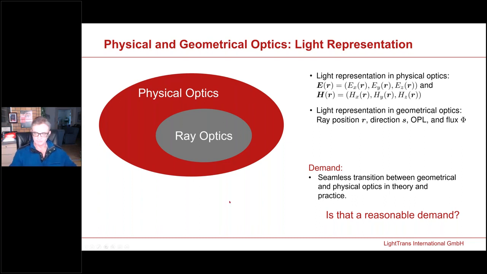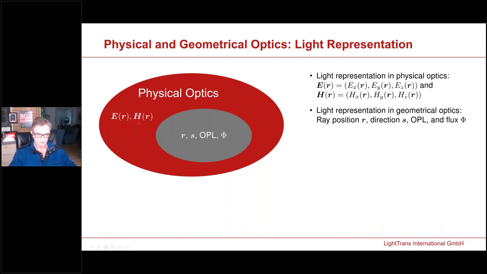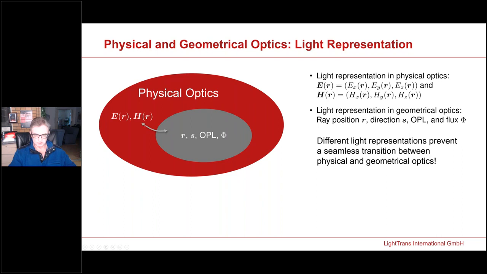If you have this kind of typical description, fields here and ray parameters here, then the question for a seamless transition is meaningless. You cannot have a seamless transition between a field description and rays. That is somehow a principal problem. That means this is not a good question. To get into the future with this question, it's a non-starter.